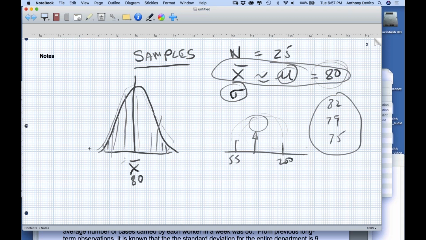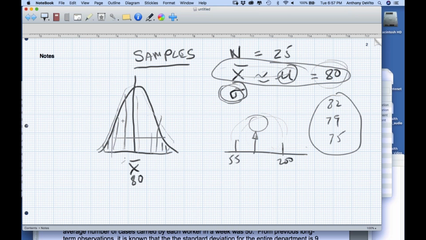Okay? So the spread for our samples is going to be different than sigma. It's not going to be the same as sigma, the way x bar is going to be an estimate of mu. Sigma is going to give us some insight into the sample distribution, but it's not going to give us the same spread.